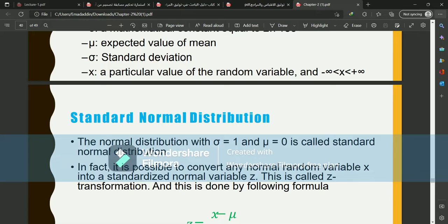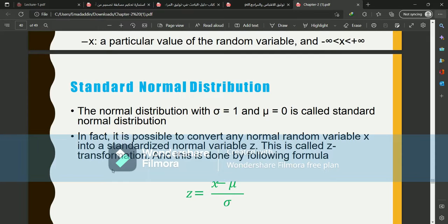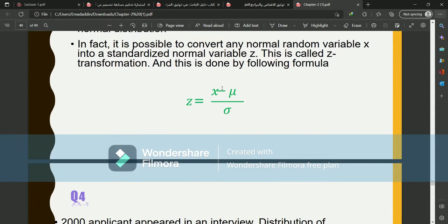Standard normal distribution. The normal distribution with standard deviation equal to 1 and mu equal to 0 is called the standard normal distribution. In fact, it is possible to convert any random variable x into a standardized normal variable z. This is called the z transformation, and it is done by the following formula: z equals x minus mu over standard deviation.